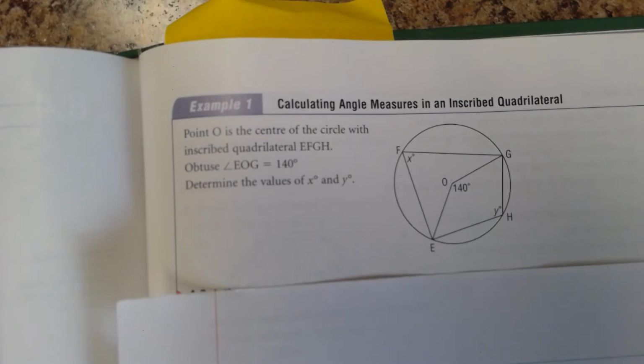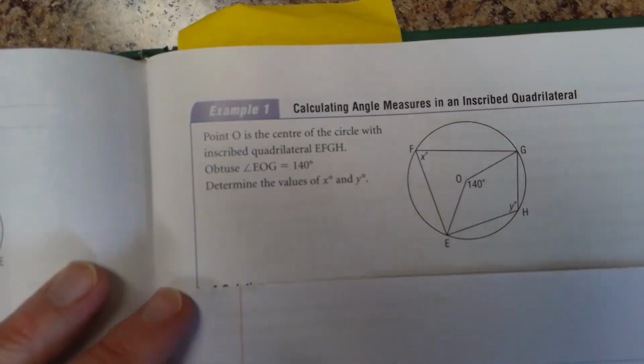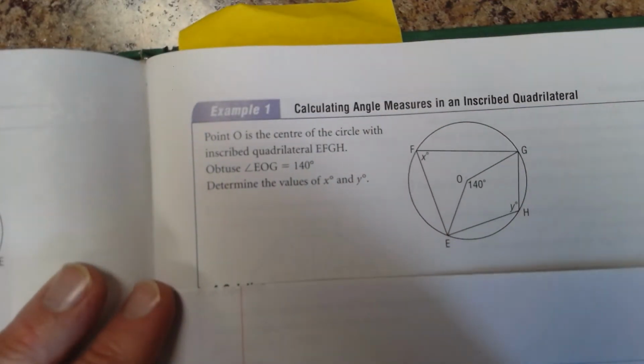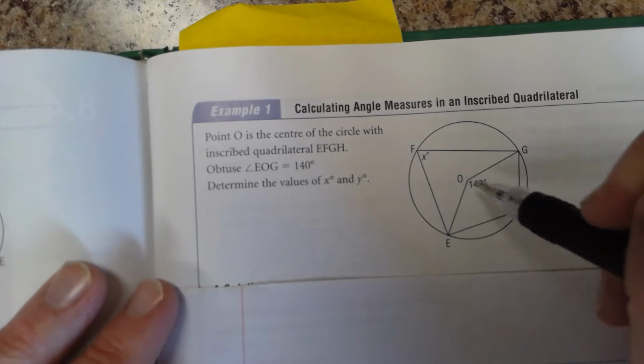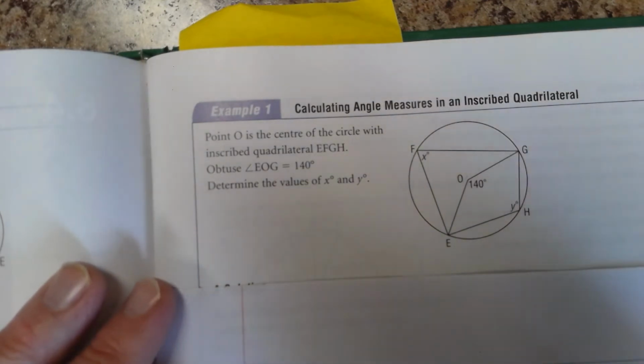Supplementary angles, isn't that correct? So we're now looking for angle H, and that's going to be 180 take away 140, because supplementary angles add up to 180, and that is 40.